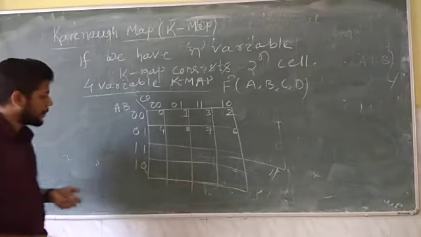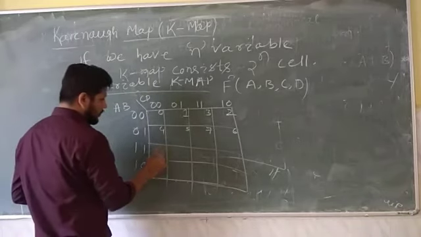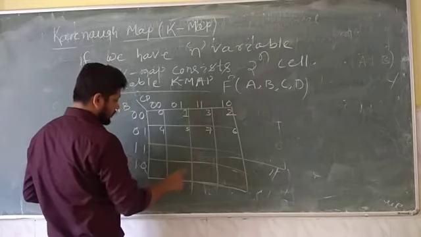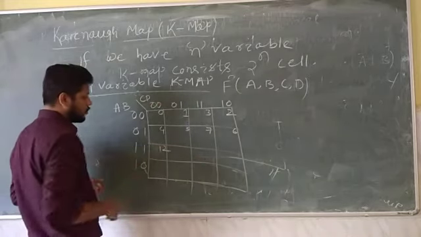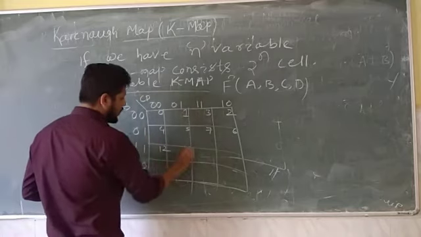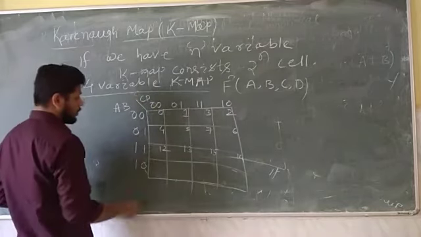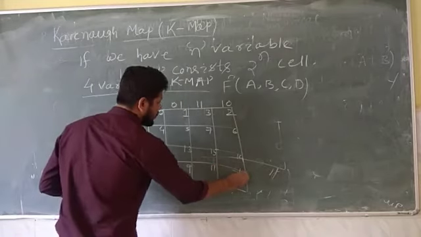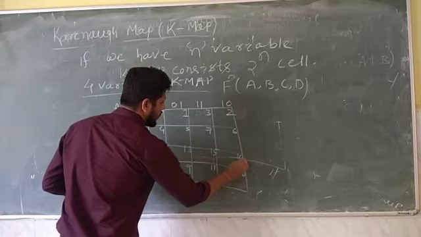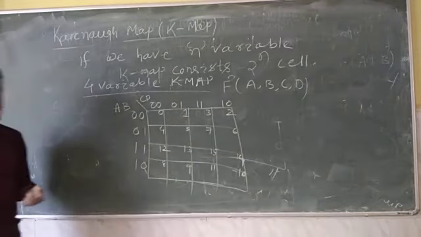Then we have 1 1 0 0 is 12, 1 1 0 1 is 13. 12, 13, 15, 14. Then we have 8, 9, 11 and 10. This is your 12, 13, 15 and 14.